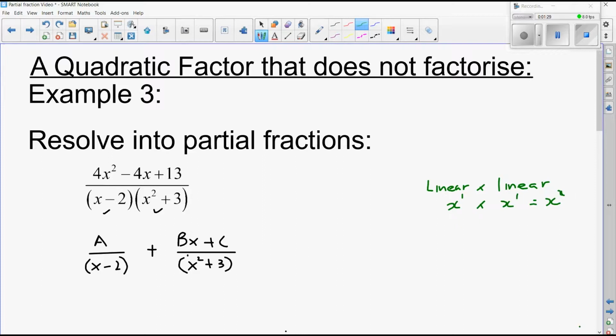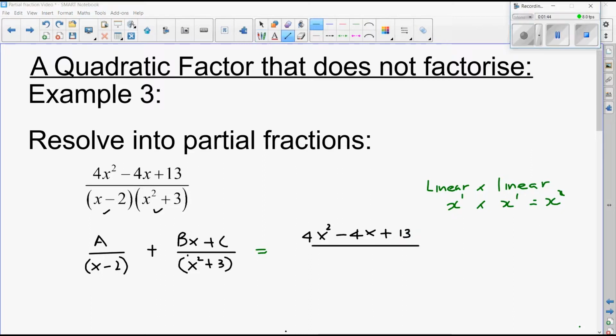Going back to my question, this must equal my fraction, which is 4x squared minus 4x plus 13 all over x minus 2 times x squared plus 3.